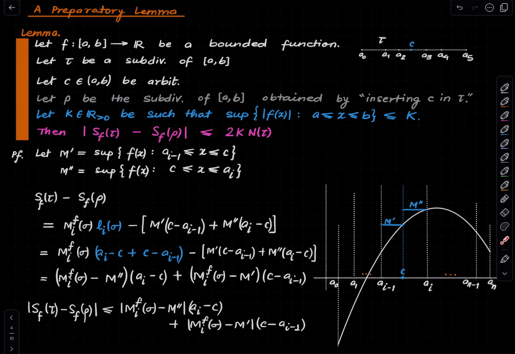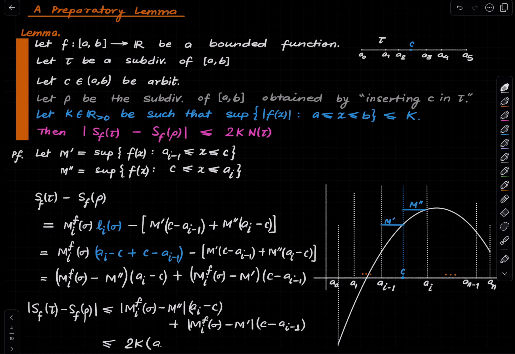And this is at most 2k. If you just look at the definition of k, you will agree that this is at most 2k. This is the supremum that the function takes in a sub-interval. Same for this guy. So this is at most k and that is at most k, but when you're taking the difference, you can write 2k as a bound for both of them.